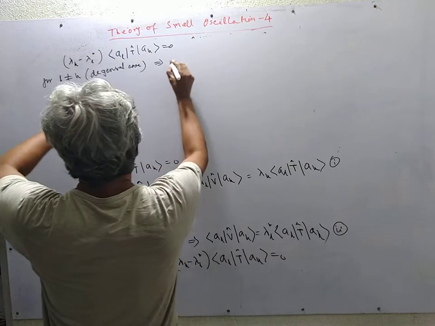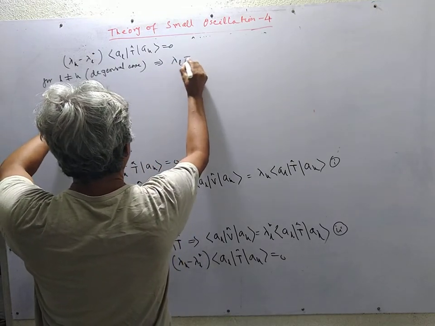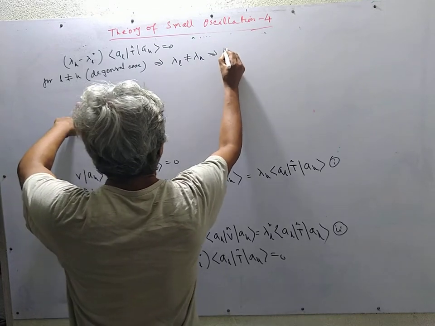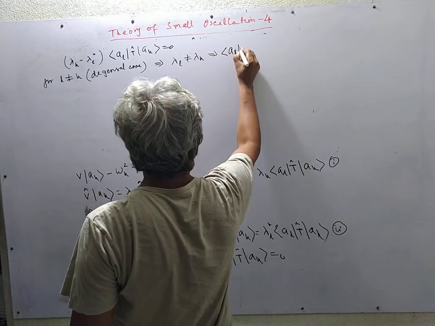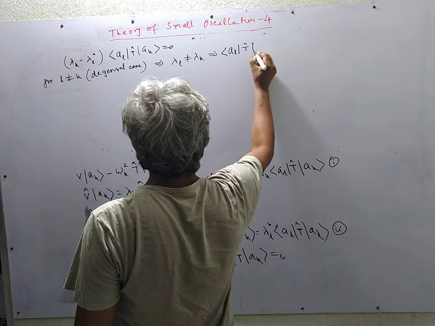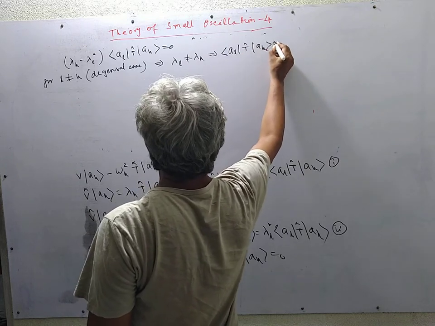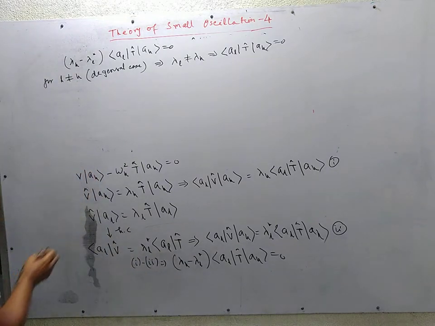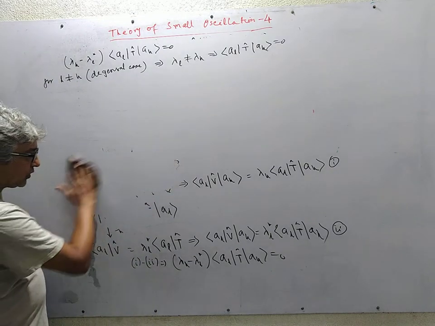Obviously we have lambda L not equal to lambda K, which gives <AL|T|AK> equal to 0. This is an important relation, often referred to as the orthogonality relation.